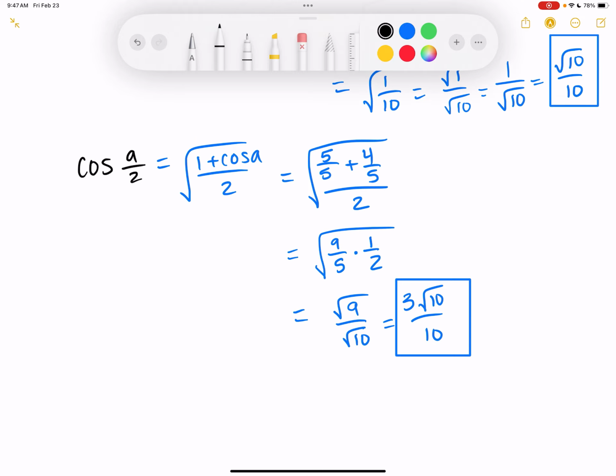And the last one they need from us is tangent of a over 2. Which tangent formula do you want to use? Basically, do you want the one with sine on the bottom or the top?